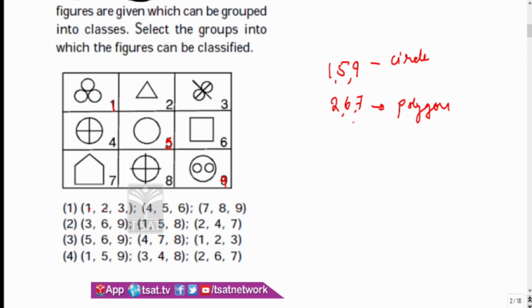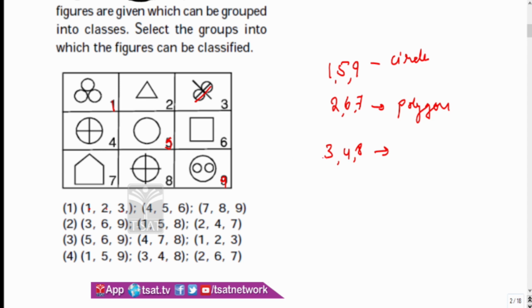What is the character for 3, 4 and 8? You need to look at this. In 3 there are circles as well as lines. In 4 also there is a circle as well as 2 lines. In 8 also a circle as well as 2 lines are given.